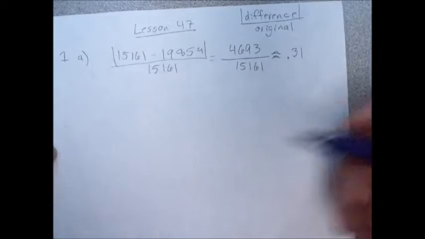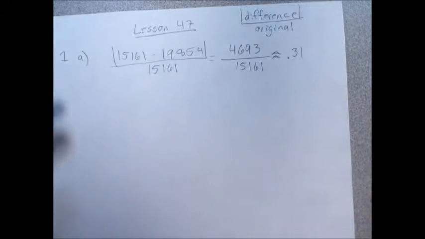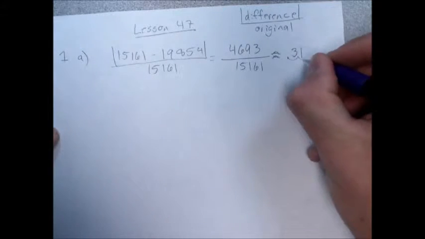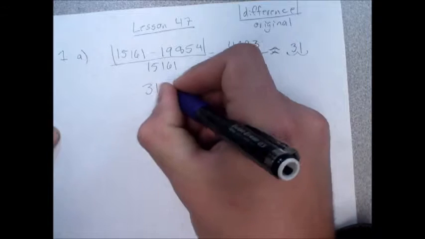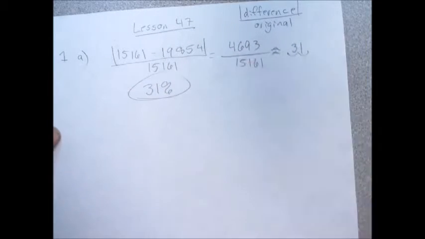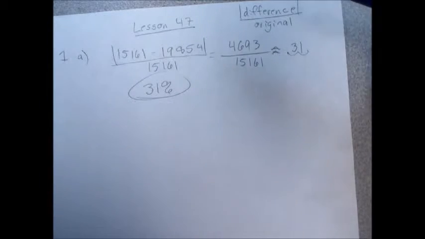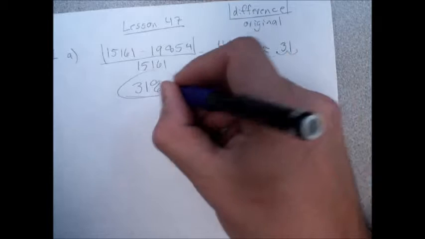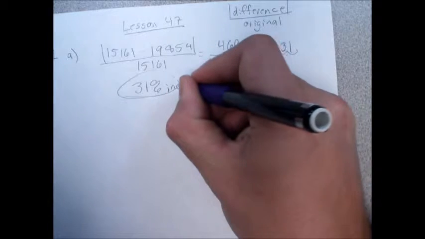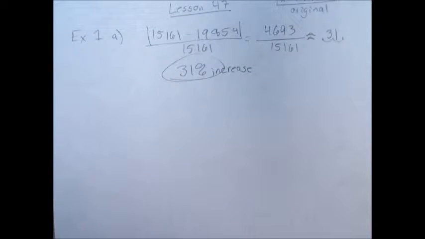To convert it to a percent, we move the decimal to the right 2 places. So this becomes 31%. I went from 15,000 to 19,000. Is that a percent increase or a decrease? Increase. It went up. So it's an increase in the number that we see.